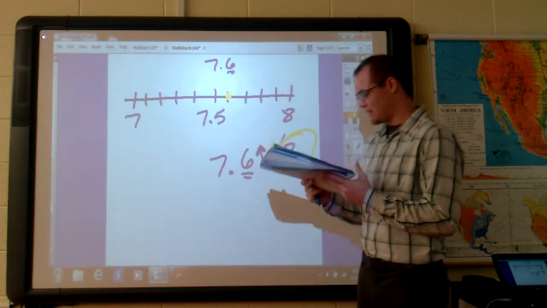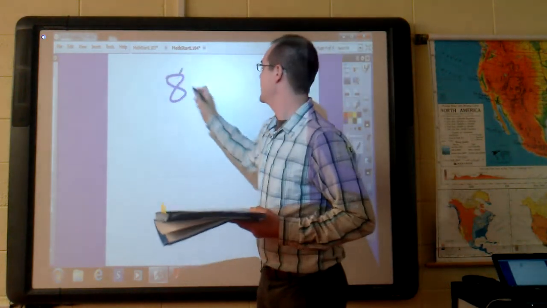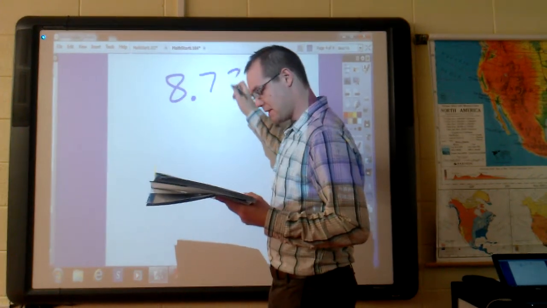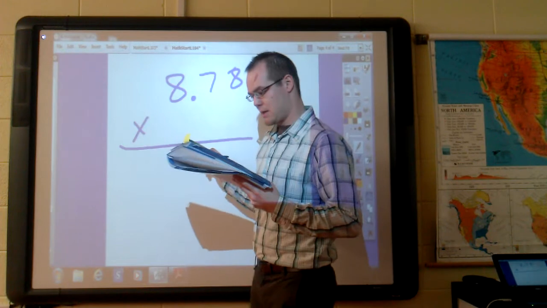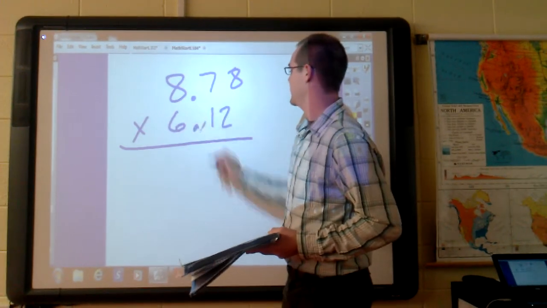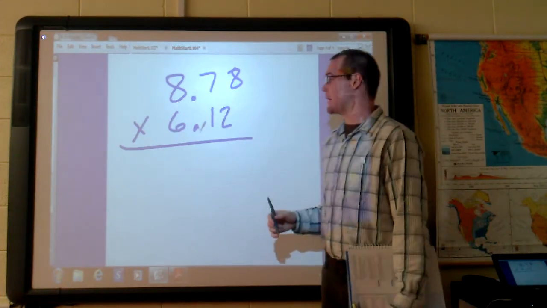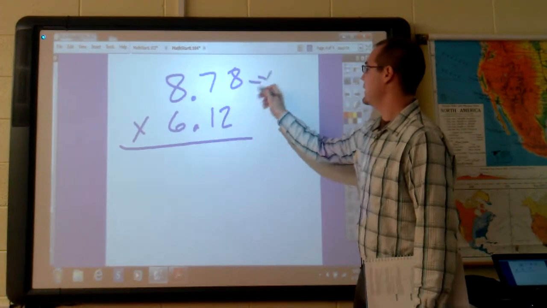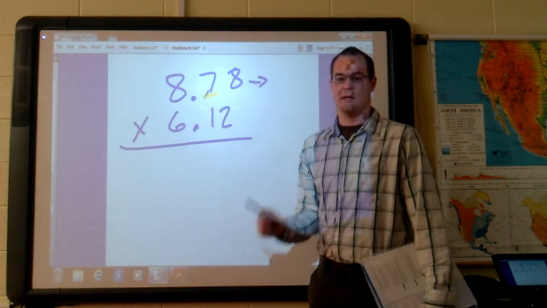Example number 2 says, estimate the product of 8 and 7/800ths and 6 and 1/200ths. So we need to determine whether we want to round up or down before we multiply. 8 and 7/800ths: this 7 tells me that I need to round up.